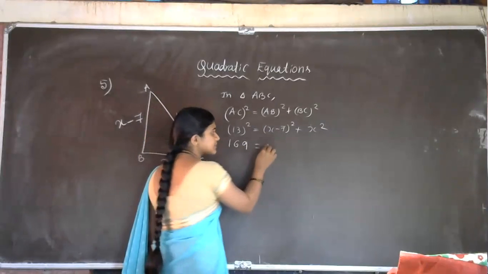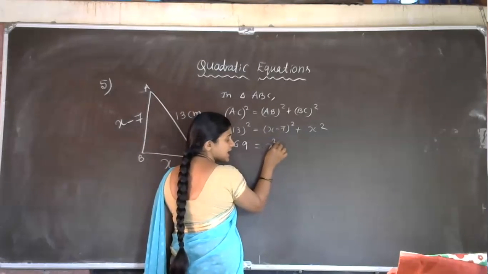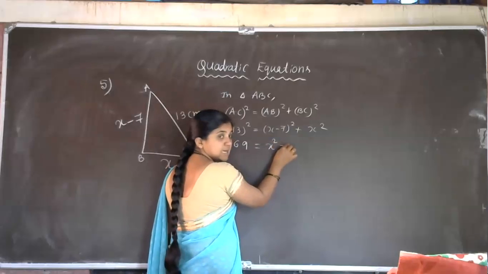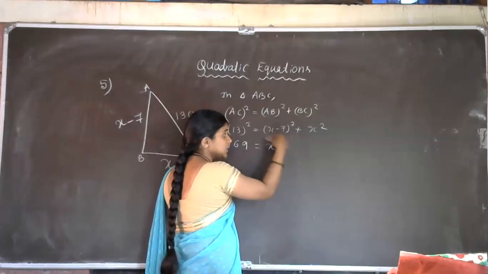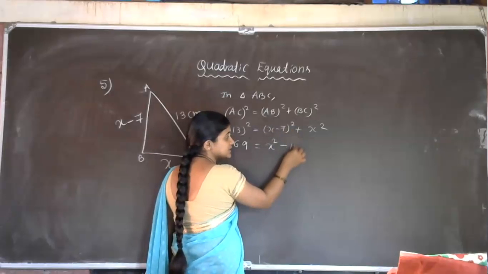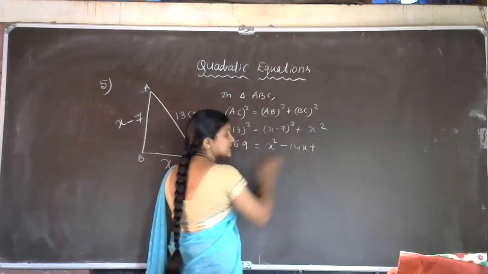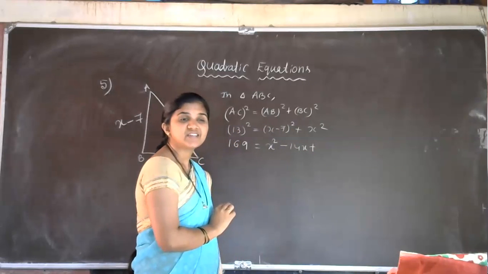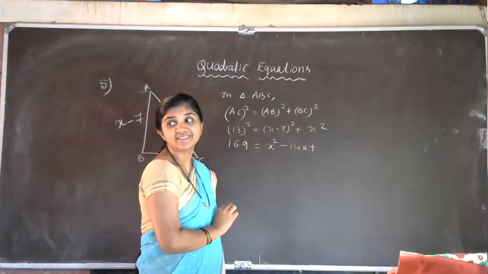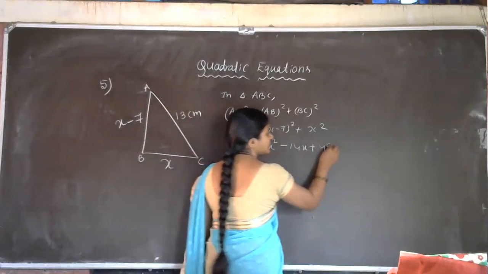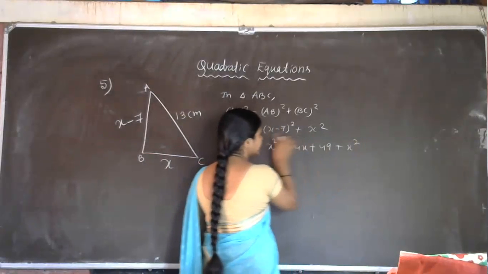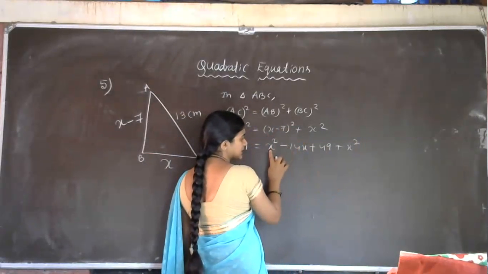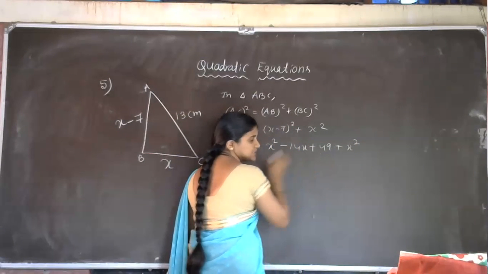What is the expansion of (a minus b) whole square? a square minus 2ab plus b square. So x square minus 2 into x into 7, that is 14x, plus 7 square, which is 49. Then plus x square.